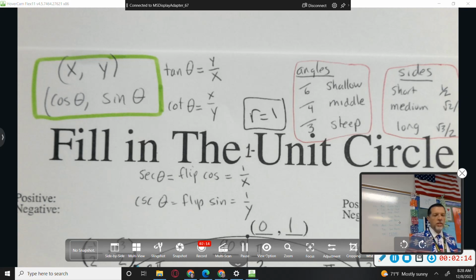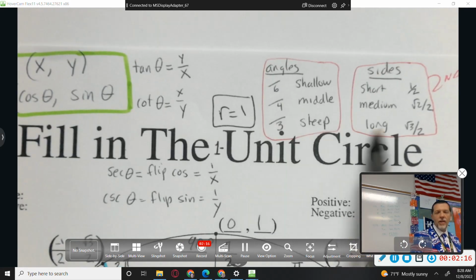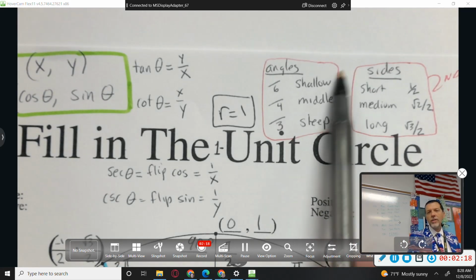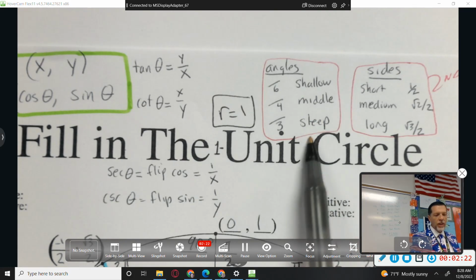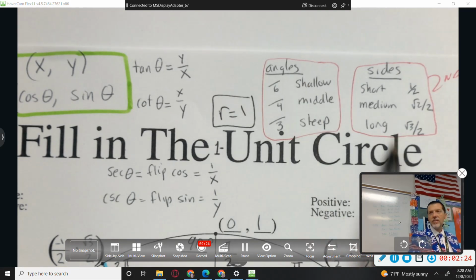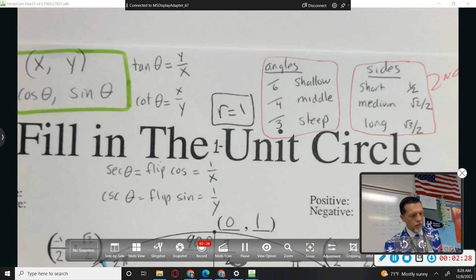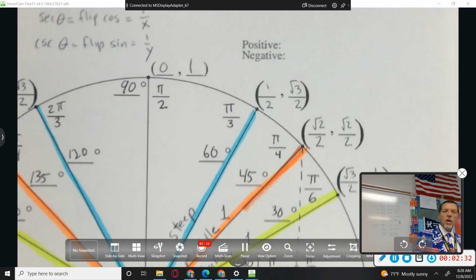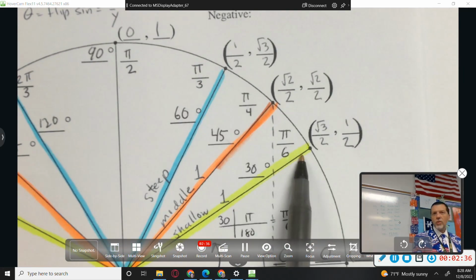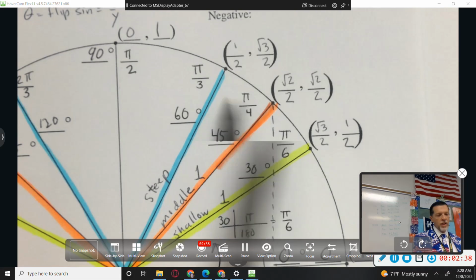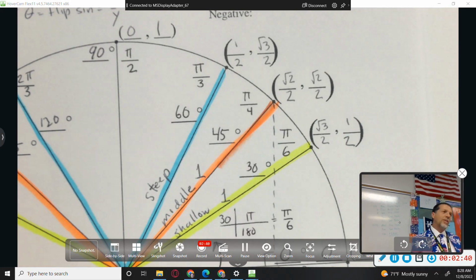Okay. Said this before, I'll say it again. This is how I do it without having a unit circle. I'm thinking about where is the angle, and then how long is the side we're asking for. There's probably a couple other ways to do it. One other way is to memorize the first quadrant. Some people will do that, and I don't want you drawing out the whole unit circle all next semester. That takes too long.